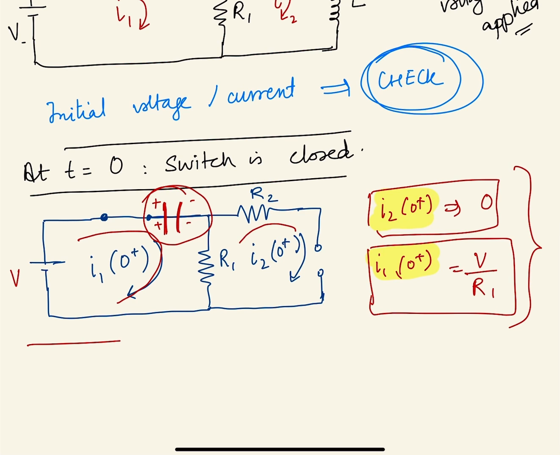Similarly, this open circuit will not remain, this I2 will not always be 0. As the capacitor starts to charge, the current will flow in the rest of the circuit. So this term I2 0 plus is just at the time instant immediately after the switching.